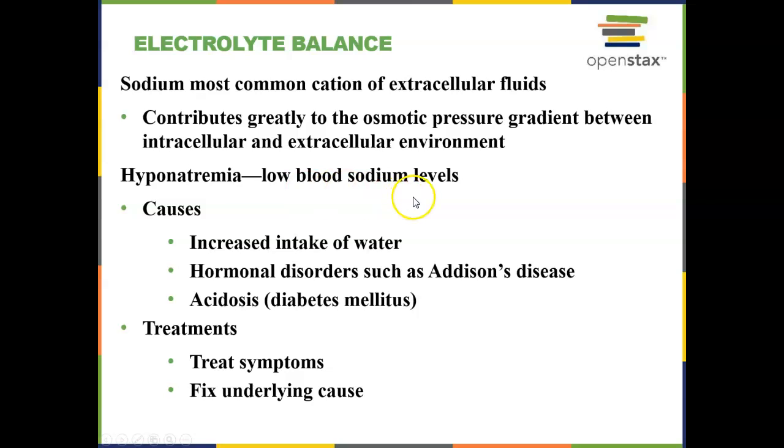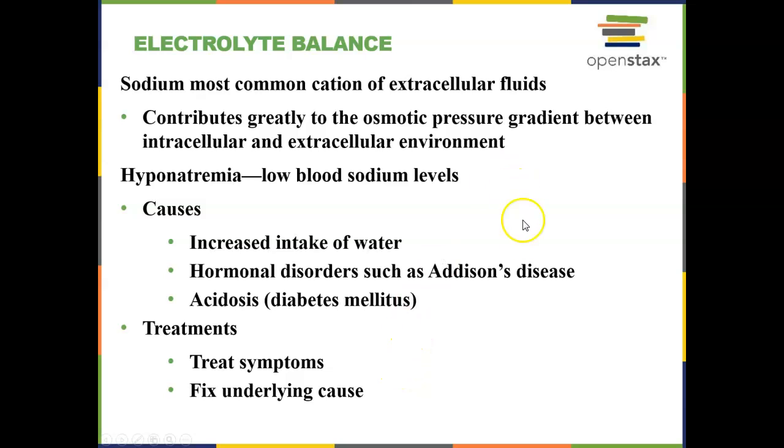Hyponatremia is low blood sodium levels, and so this is often associated with increased water intake. Different disorders like Addison disease or diabetes mellitus. Treatments typically are you're going to treat the symptoms and you fix the underlying cause.